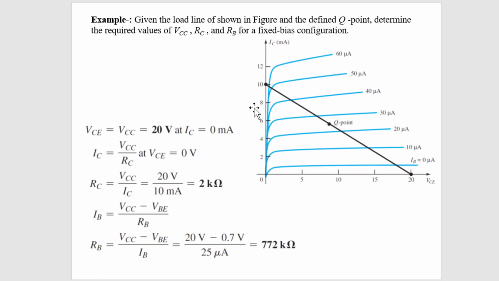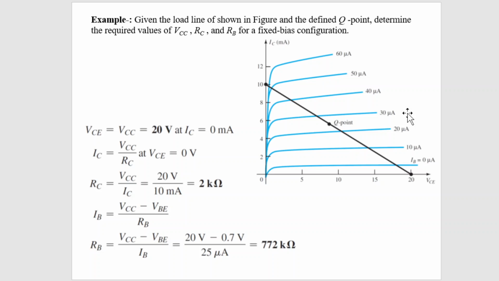You are given the characteristics curve, with VCE on the x-axis and IC on the y-axis. The curve is drawn for different values of base current IB: 0, 10, 20, 30, 40, 50, 60 microampere. The Q point is marked here, and the cutoff point is given as 20 volt and IC saturation as 10 milliampere.